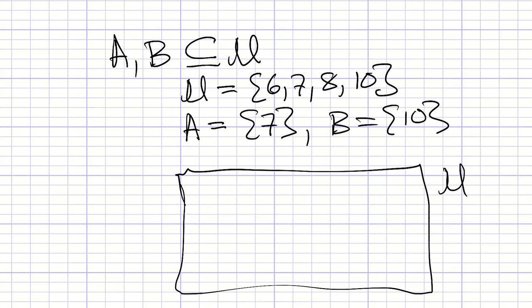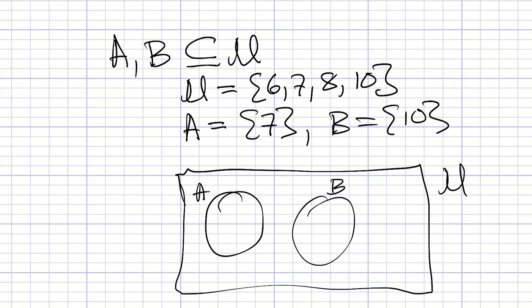First of all, notice that A and B have nothing in common, so you draw A and you draw B. This is A and this is B. A has 7 and B has 10 right there.